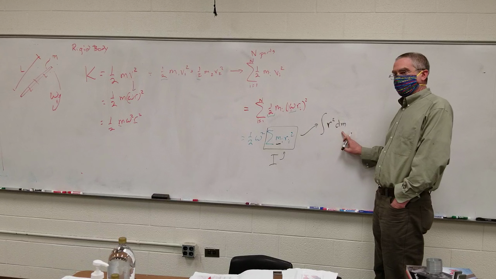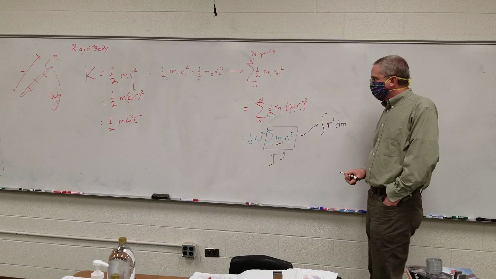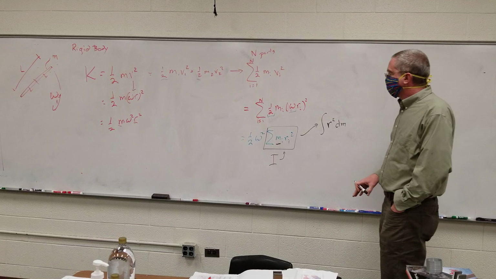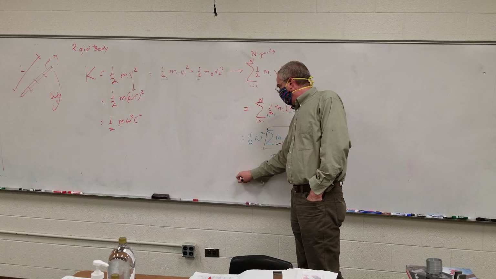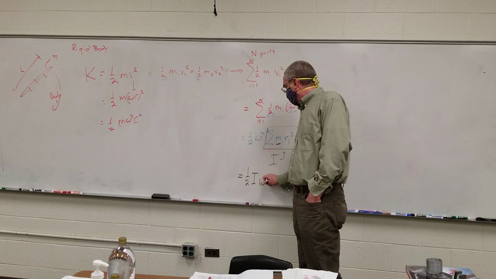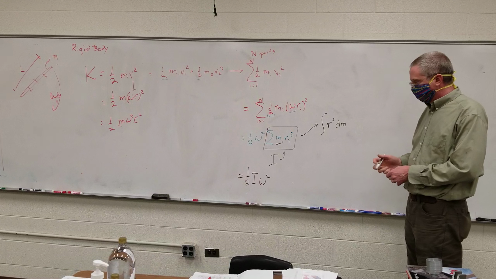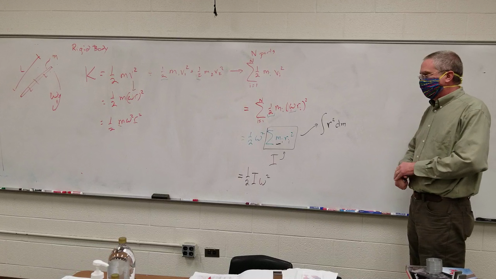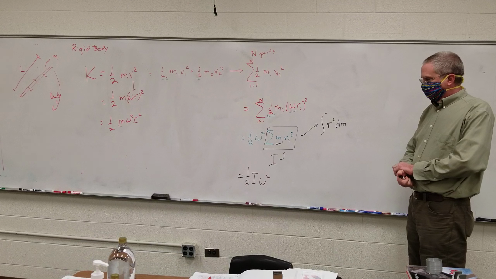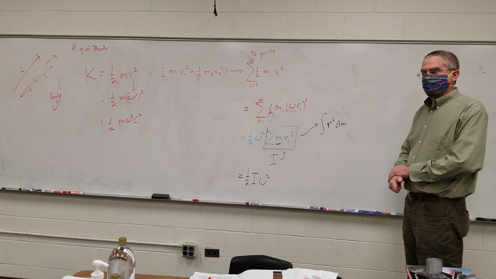Infinite sum of infinitesimally small bits. If you haven't had calculus yet, don't worry about this. But what this makes our equation come down to is what Anna had said earlier, 1/2 I omega squared. Now it's easier.